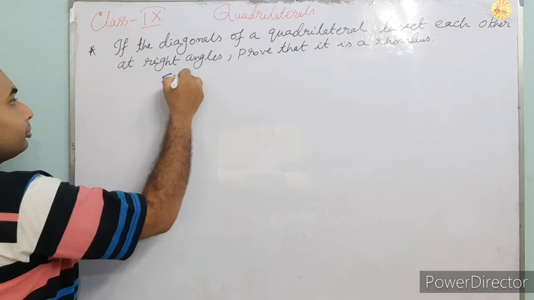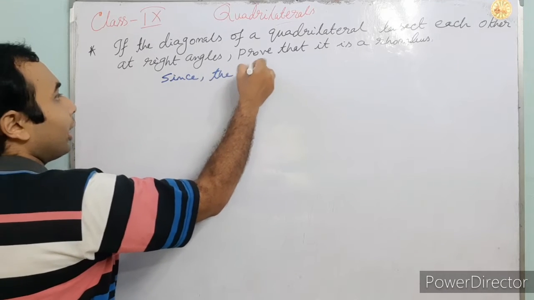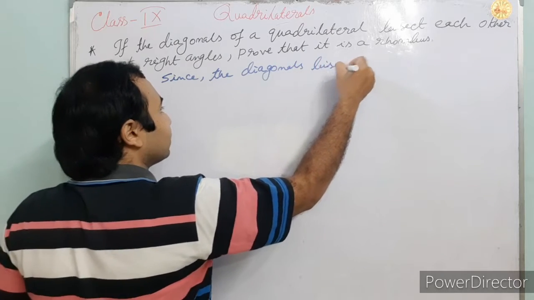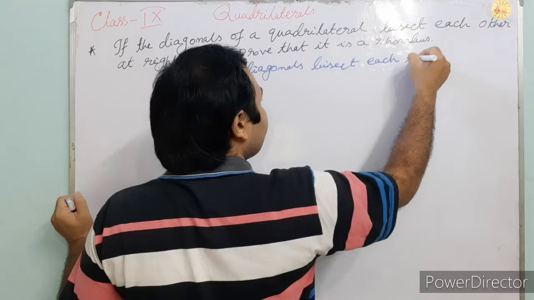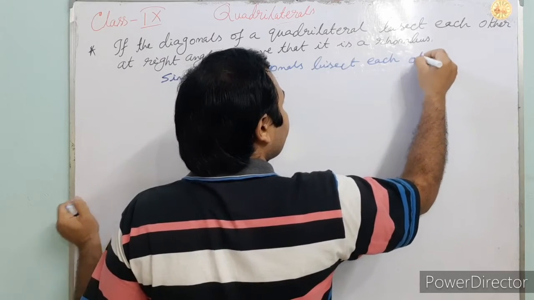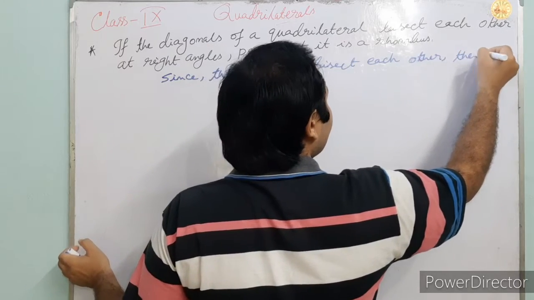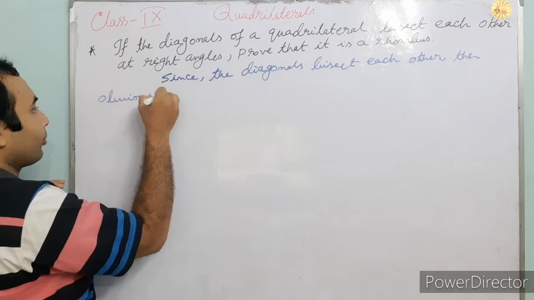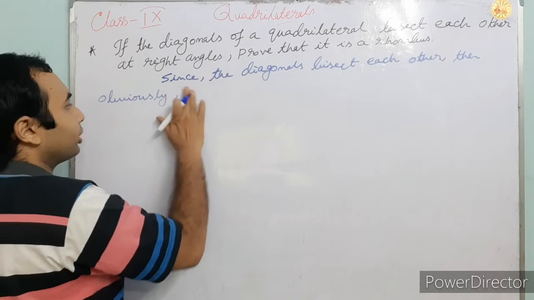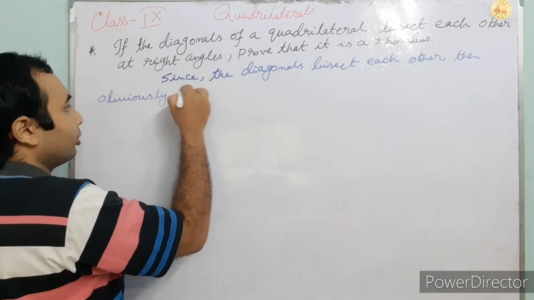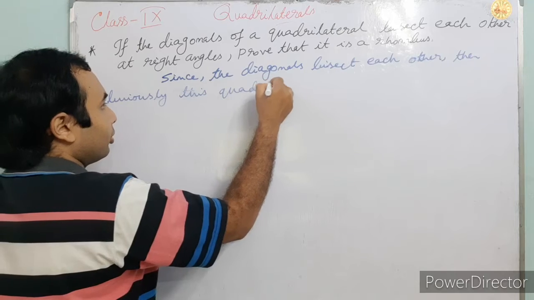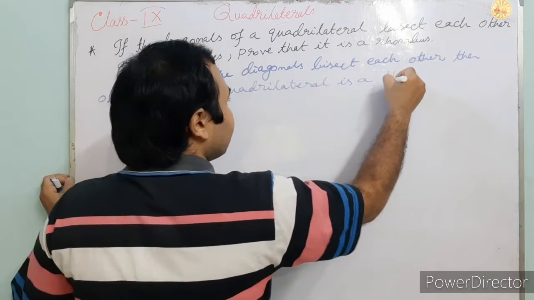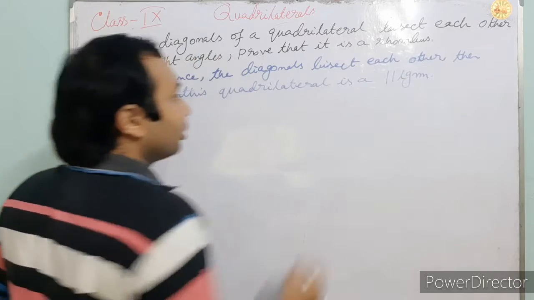Since the diagonals bisect each other, then obviously this quadrilateral is the parallelogram.